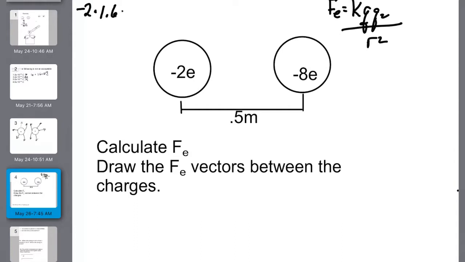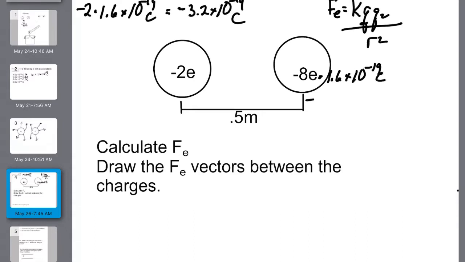So I have this first one is going to be negative 3.2 times 10 to the negative 19th. And my other one, when I multiply it by 1.6 times 10 to the negative 19th, is going to be negative 1.28 times 10 to the negative 18th coulombs.